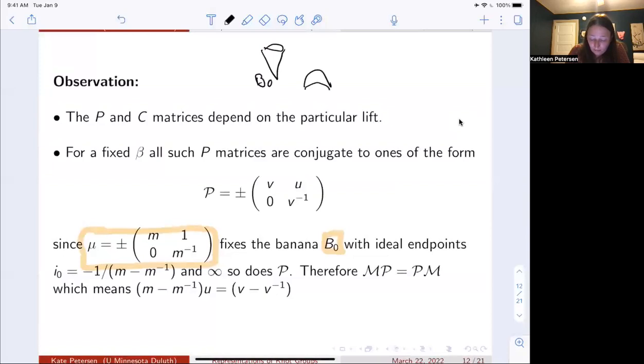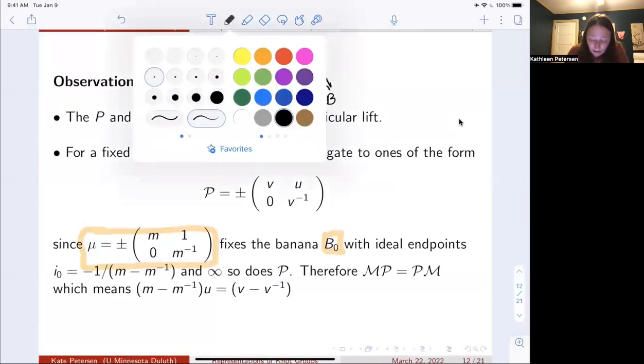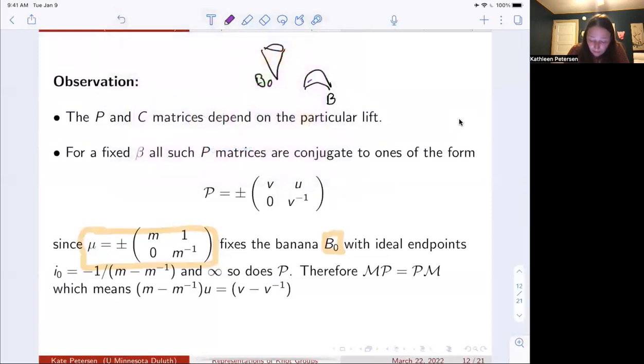And over here is just some lowly banana B. And in my deck transformation, if I have a little peripheral piece here, beta tilde, I can find a deck transformation that preserves all the bananas, that takes B to B naught.